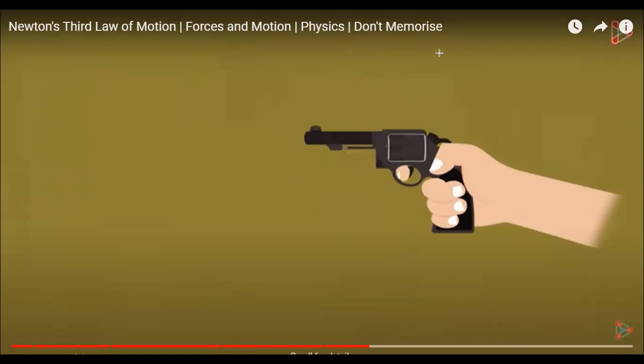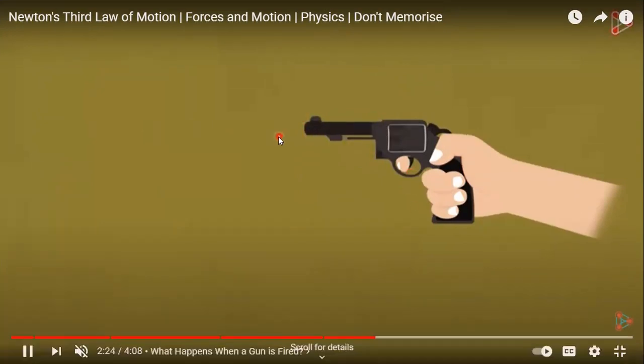It will go back with a little jerk. So the action is triggering the gun such that the bullet comes out. But what is the reaction? The bullet going in a forward direction is action. The gun going in a backward direction is your reaction. I hope this much is clear. So if you take a shot, see what happened?